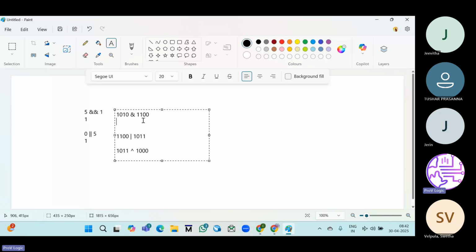What is the output? 1, triple 0. Okay. Next, all ones.